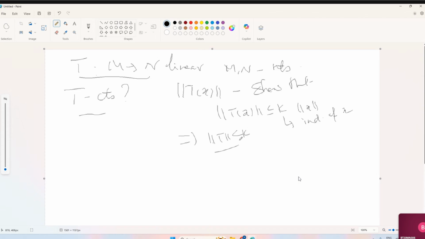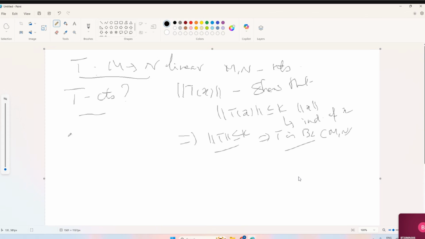Yes or no? You know this or not? Then this will show you that T is a bounded linear or continuous map from M to N. That is all, nothing more.